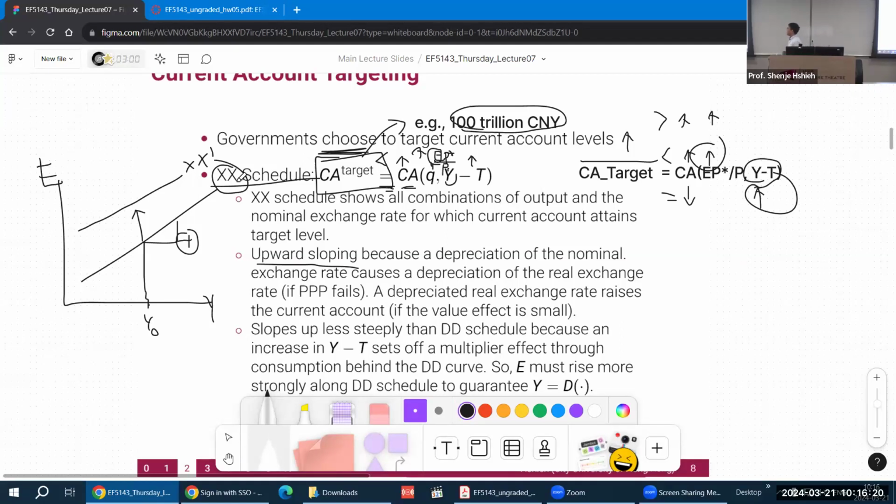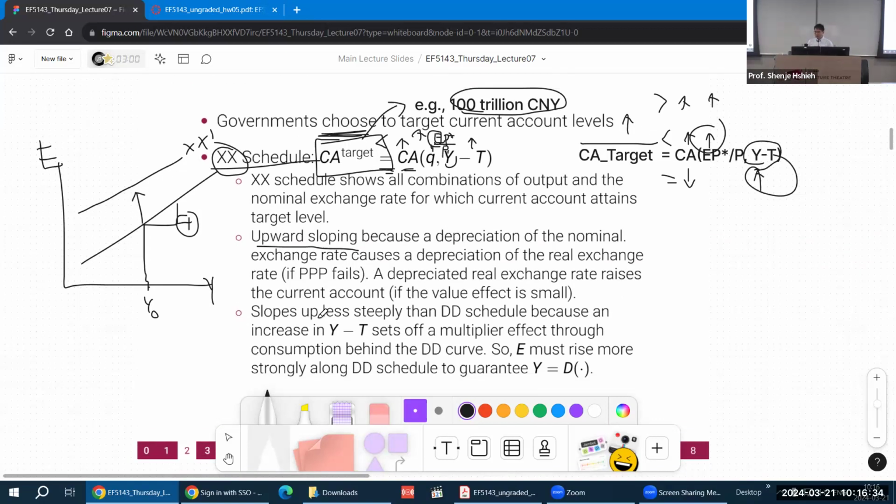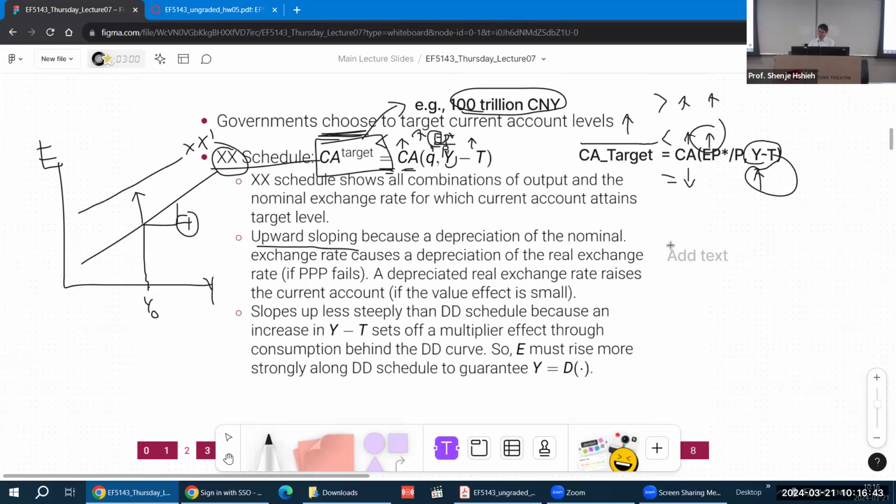All right, so the hard part is explaining whether or not the XX schedule is flatter or steeper or the same as the aggregate demand curve. I think it's easiest if I just show you the equations we're used to seeing first.